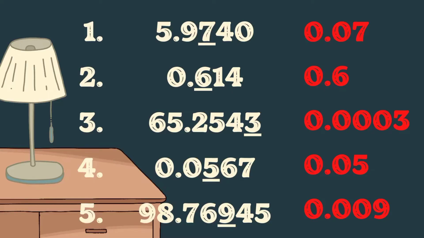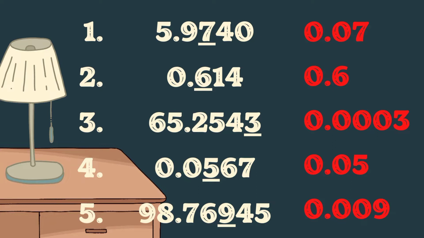I'll be giving you 5 minutes to finish this activity. Is it clear? Very good. 5 minutes later. Time's up, students. Now, let's reveal the answer. For the number 1, the underlined digit is 7. The answer is 0.07. Number 2.